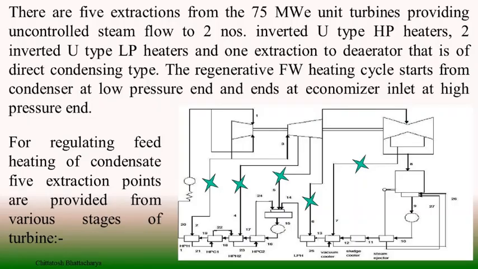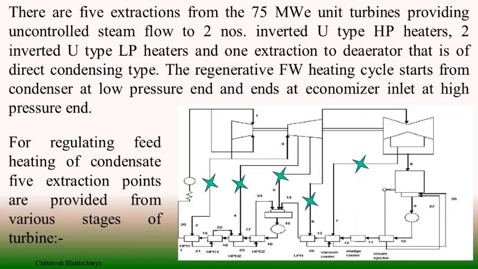So we find there are 5 extractions from the 75 megawatt unit turbine, providing uncontrolled steam flow to 2 U-type HP heaters, 2 U-type LP heaters, and 1 extraction to the deaerator, which is of the direct contact condensing type.